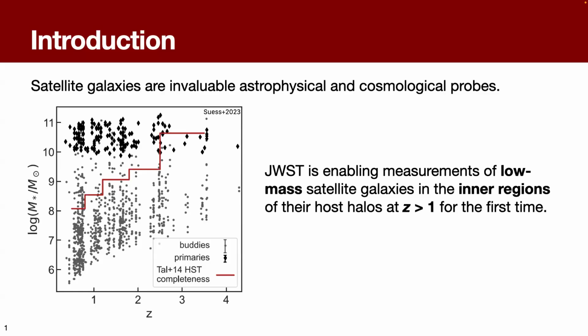And this means that we're really entering a fundamentally new regime where we now have access to statistical samples of dwarf galaxies in the inner regions of the host halos at high redshift for the very first time.